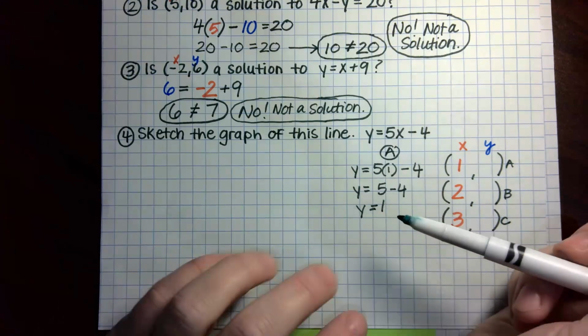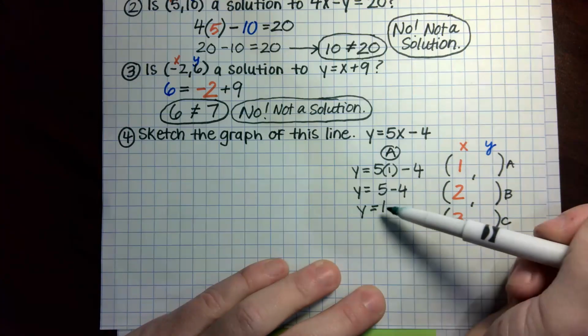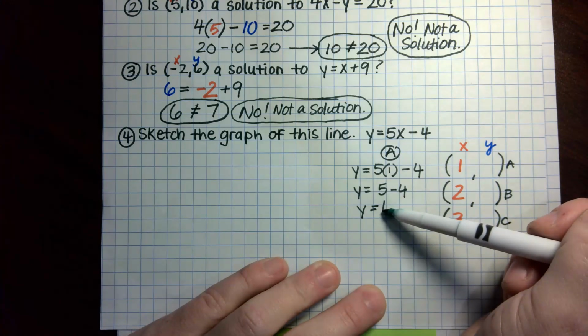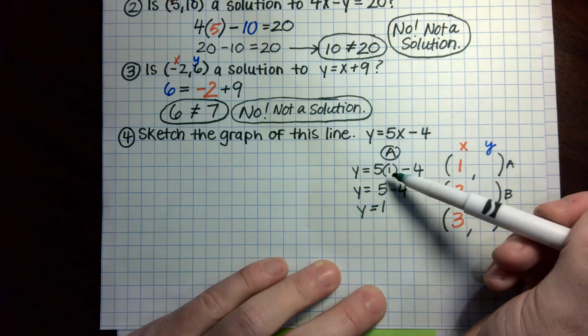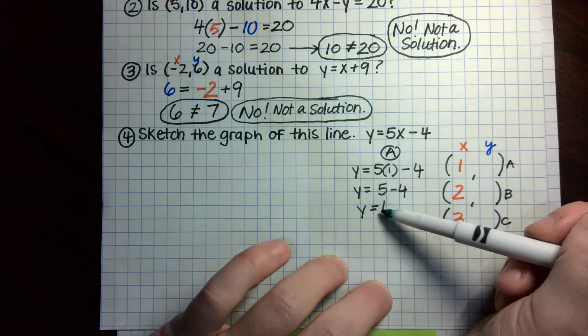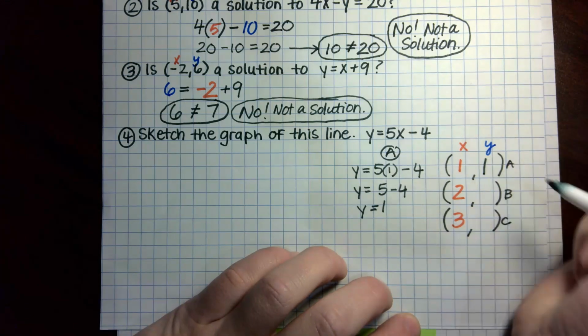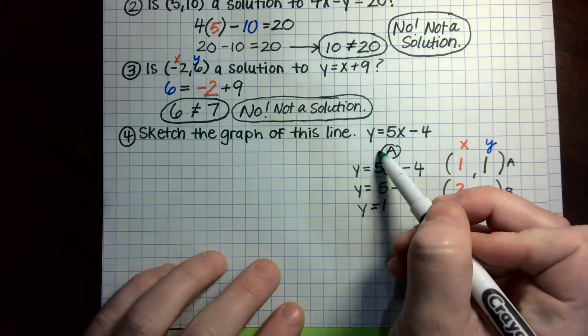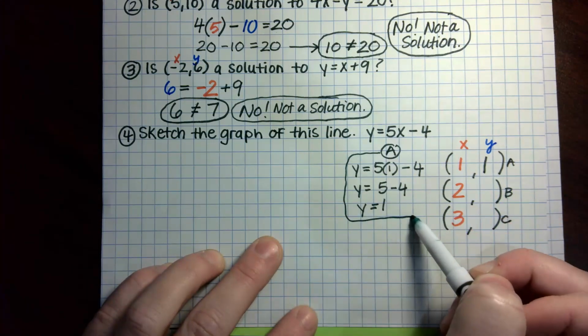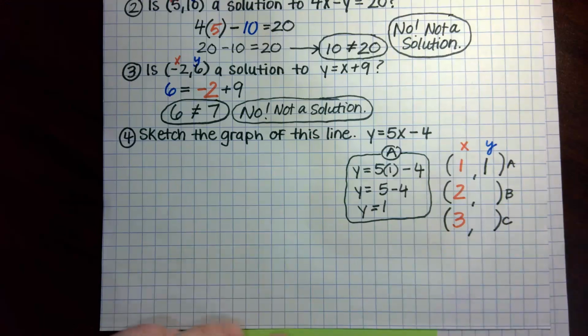Perfect. So the way that we read this now is we know that y equals 1 whenever x also equals 1. So we're going to take this y and put it in our coordinate A. That's what we just found. I'm just going to bubble that off so I don't lose track of what I did.